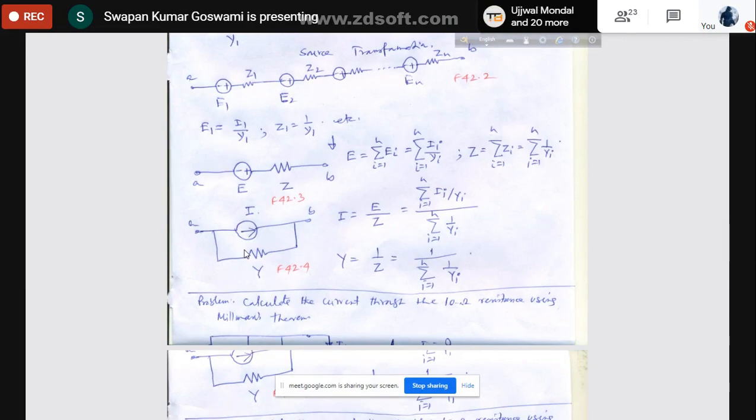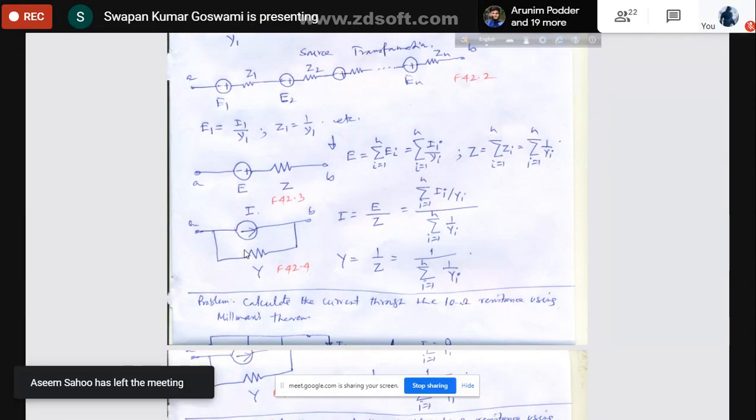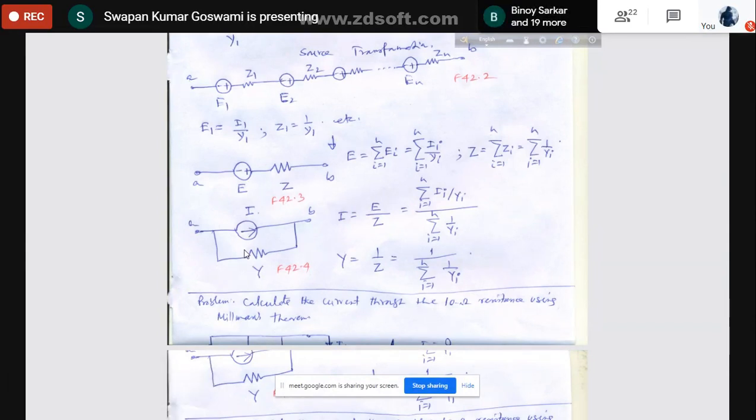These are very simple things, because source transformation was already discussed long ago. You should be able to understand this automatically, because we have solved examples and discussed these issues previously. Now I am stating all these things in the form of a theorem.